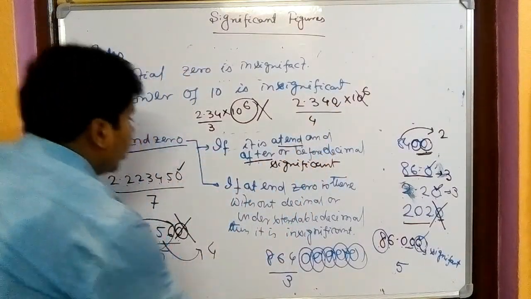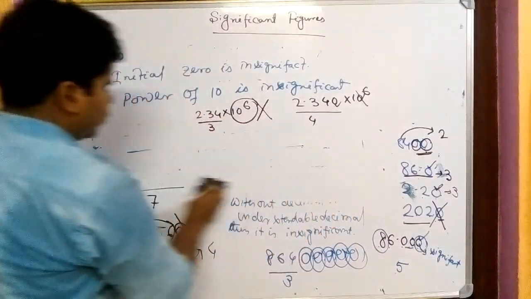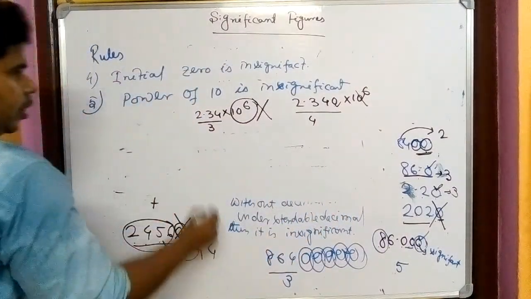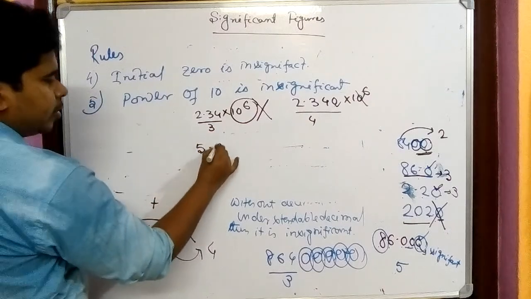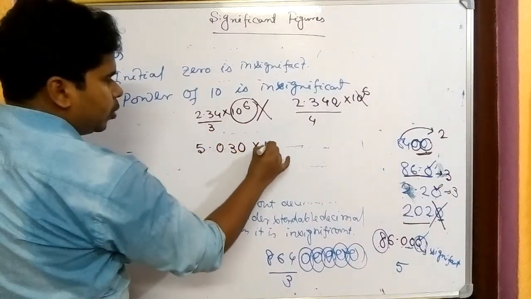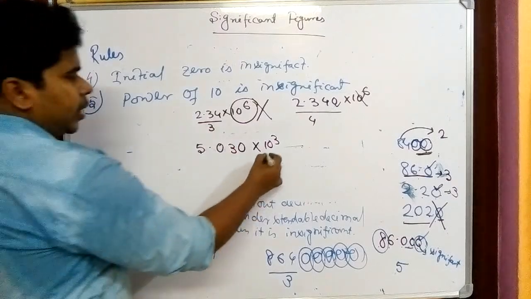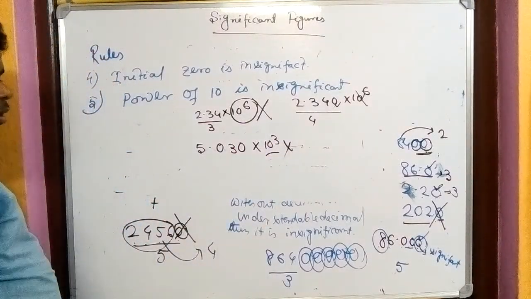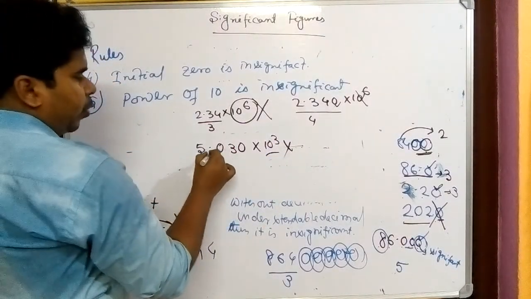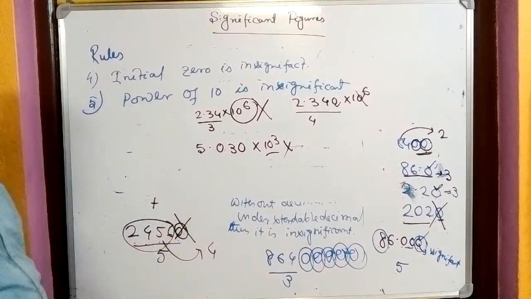Okay, let's see some more examples. Assume it is 5.030 into 10 to the power 3. What will be the significant figures here? It is clear, sir, 10 to the power 3 has no significant figure. 5.030, two zeros are there, so let's see whether they are significant or not.